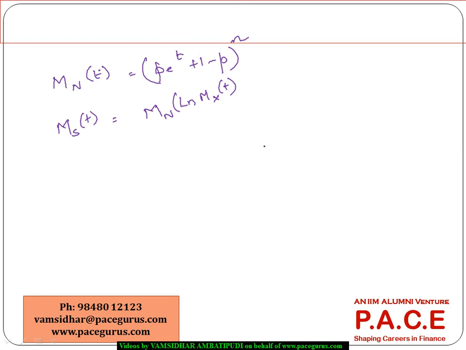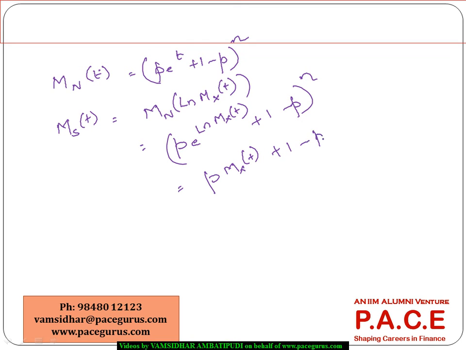This is the moment generating function of S. So here I could very well write it as (p e to the power of log MX(t) plus 1 minus p) to the power n, which will work out as (p MX(t) plus 1 minus p) to the power n. Right? This becomes my MS(t).